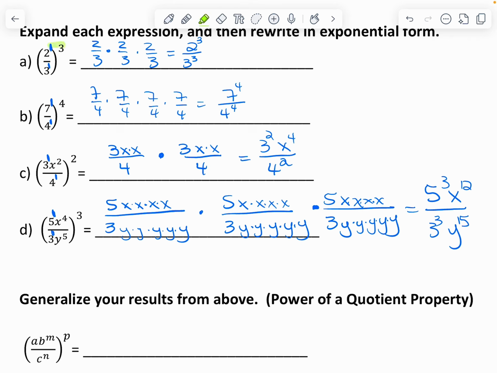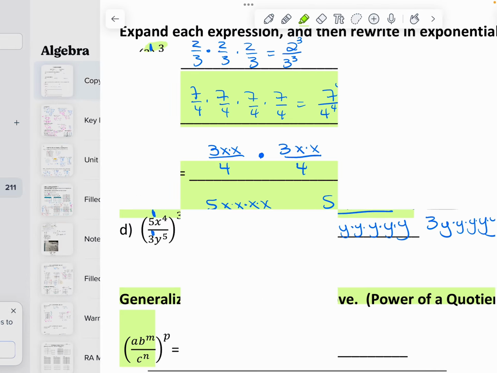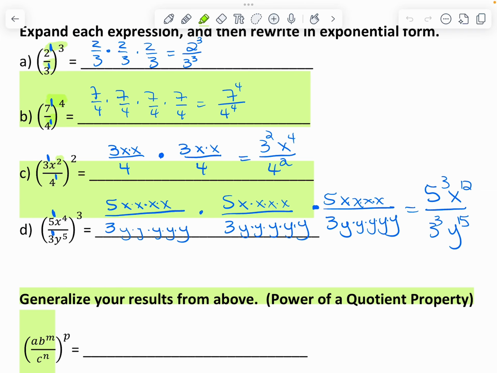So again, look at the exponents. Oh, that was weird. That was very strange. Don't exactly know why it did that.